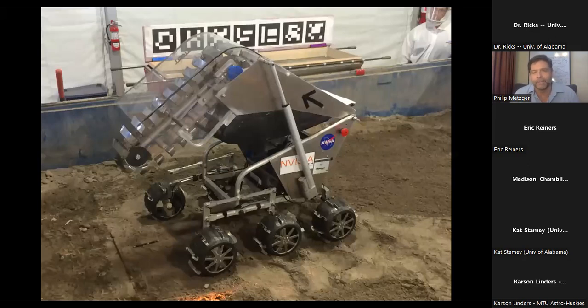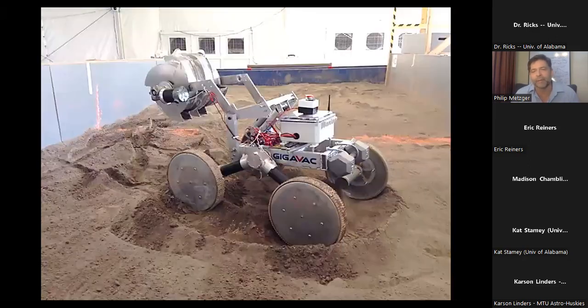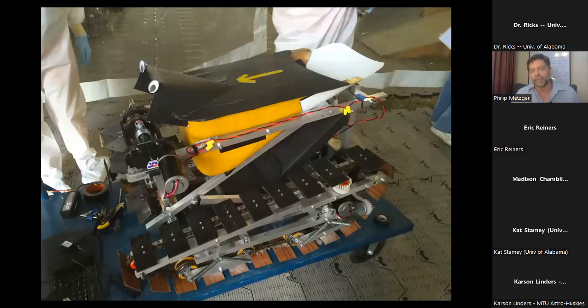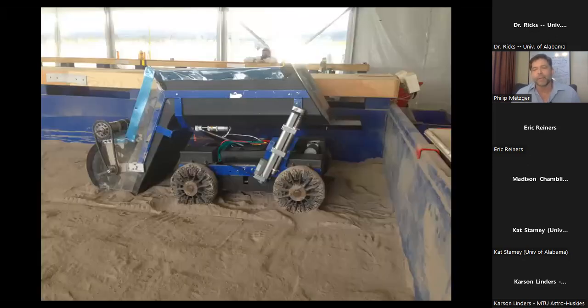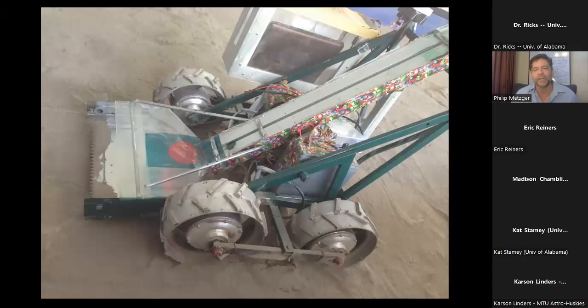Okay, so suspension systems, that one was rigid. That one has rockers on the left and right side for differential averaging. There can be suspension, like there are spring systems in the tracks here. This one had spongy wheels, which was like putting suspension in the wheels themselves.